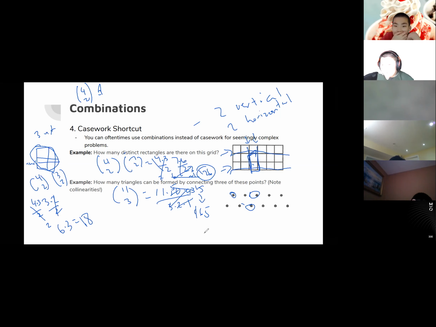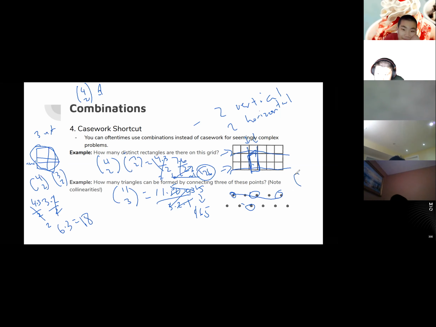However, not all of these are going to be triangles. Like I said, that is going to be the case when, for example, you choose these 3 and then you just form a line. Those cases are actually the only cases in which you don't form a triangle, which is when you have a line instead. So how many of these are there? If we're connecting 3 points that are all on the top row, then that won't work.